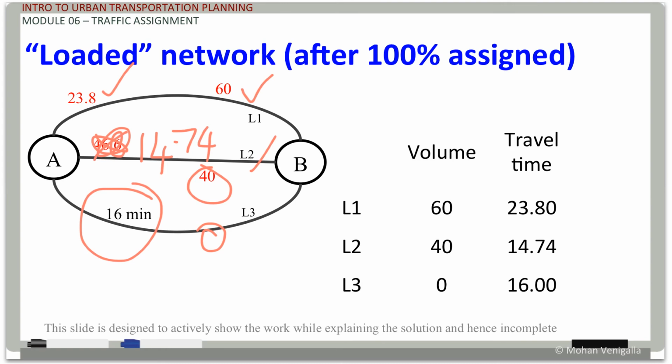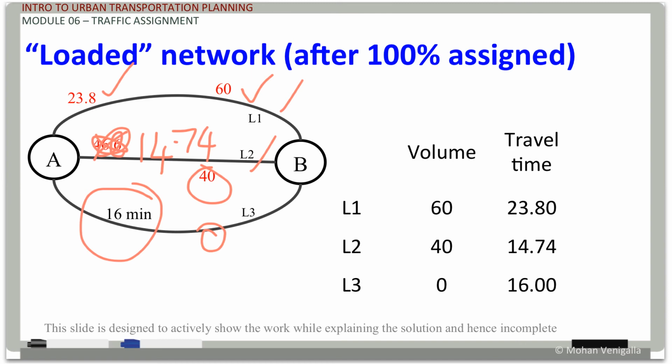Because who in their right mind will get onto a road with 60% of the trips on link 1 with the worst travel time possible?